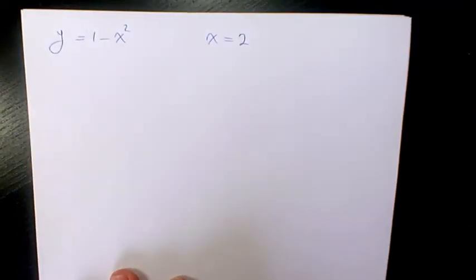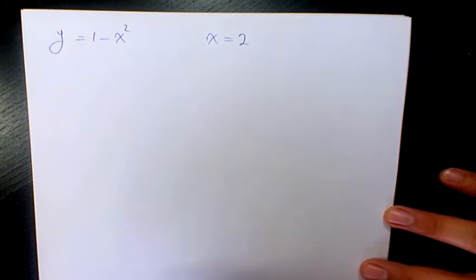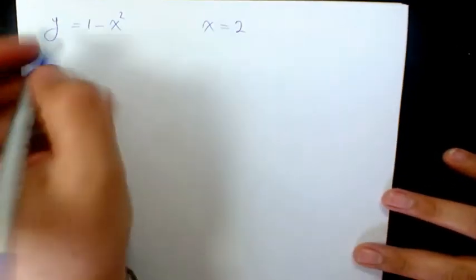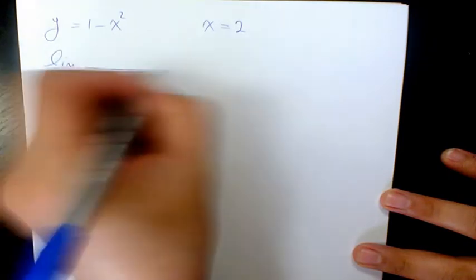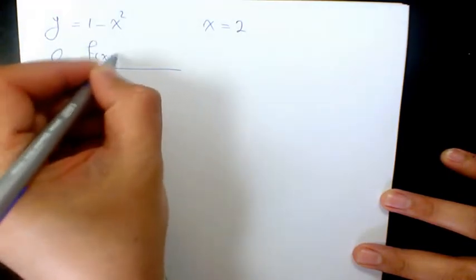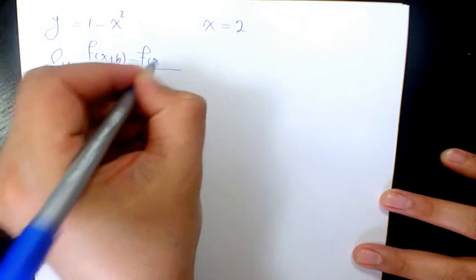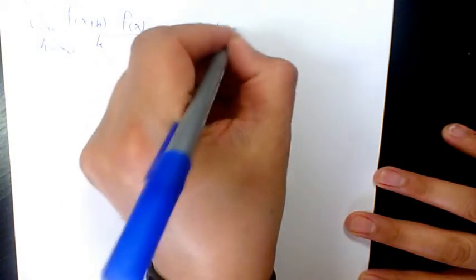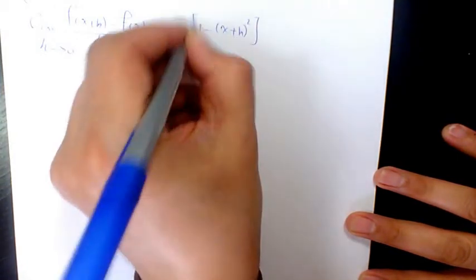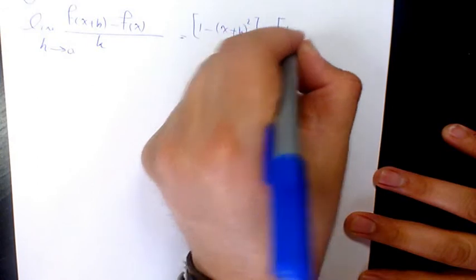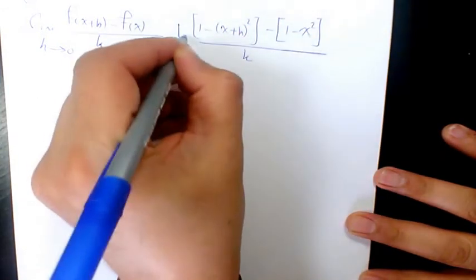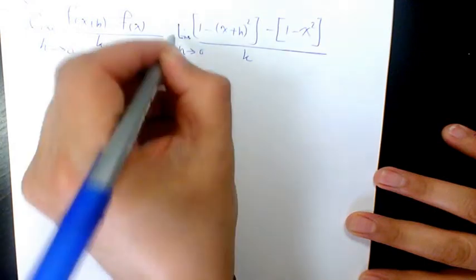Next example is y equals 1 minus x squared, x equals 2. We need to find the slope. Again, we use the same formula, limit of f of x plus h minus f of x divided by h when h approaches 0. So this is going to be 1 minus (x plus h) squared minus (1 minus x squared), divided by h, limit when h approaches 0.